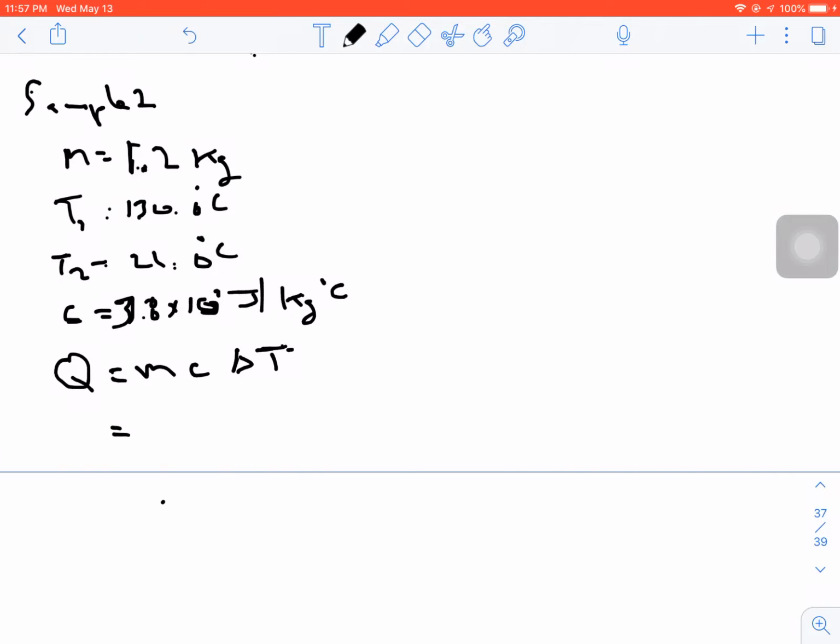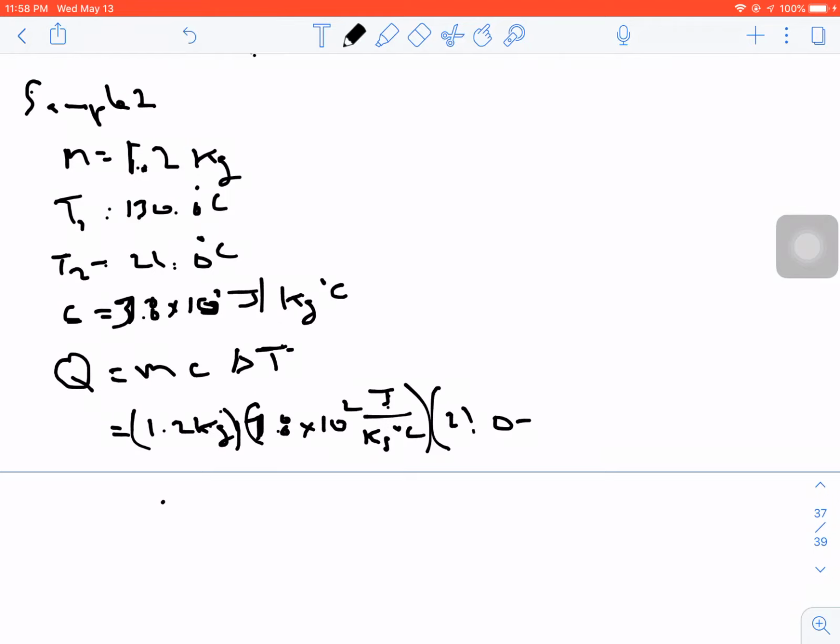I know the mass, 1.2 kilograms, times my C value, which is 3.8 times 10 to the power of 2 joules per kilogram degree C, times my temperature change of T2 minus T1 degrees C. Notice that my kilograms and kilograms disappear, my degrees C and my degrees C disappear.